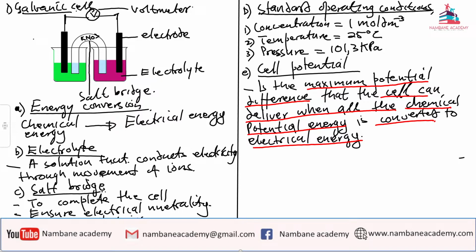We will talk of F, which is now factors that will affect cell potential, but I want us to do it in a form of a question, in a form of how it is assessed in the exam, as well as how best one can understand the link between the galvanic cell as well as the Le Chatelier's principle.